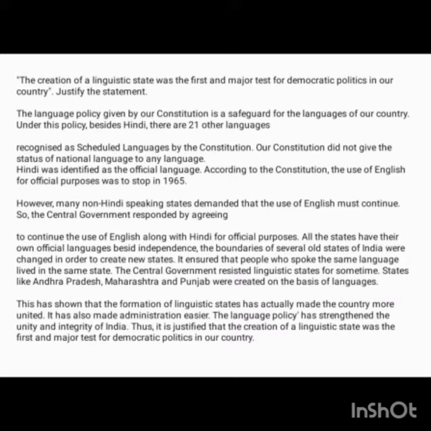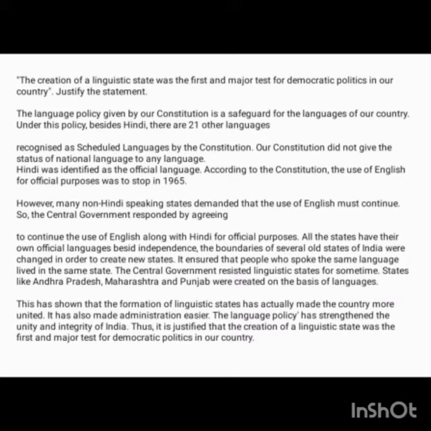Our Constitution did not give the status of national language to any language. Hindi was identified as the official language, and according to the Constitution, the use of English for official purposes was to stop in 1965.